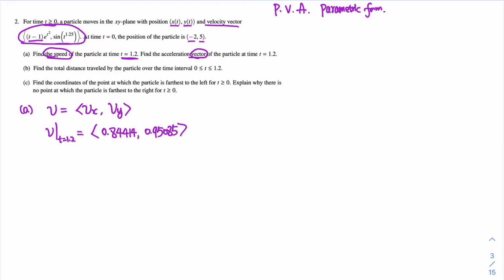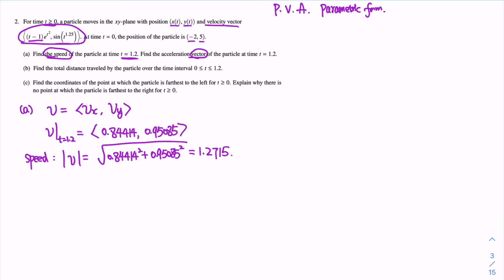As we know, the speed is the magnitude of the velocity, so we just take the square root. That will give us 1.2715. This is the speed.